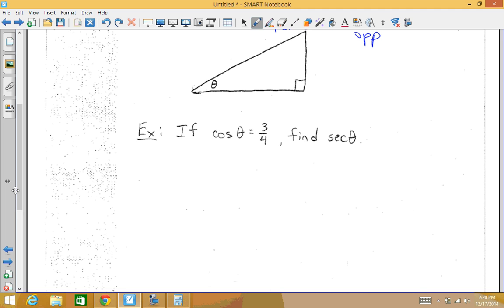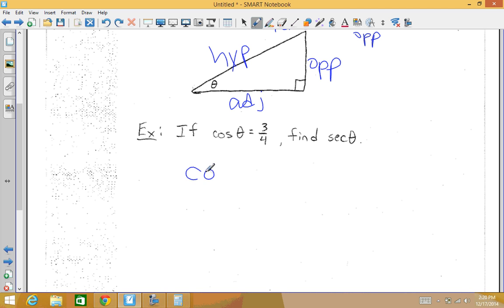Okay, so let's take a look at this example. This example asks us to find the secant of theta if we know what the cosine of theta is. Okay, so we have a triangle drawn above here with a theta, and we should be able to label these sides as opposite, adjacent, and hypotenuse.